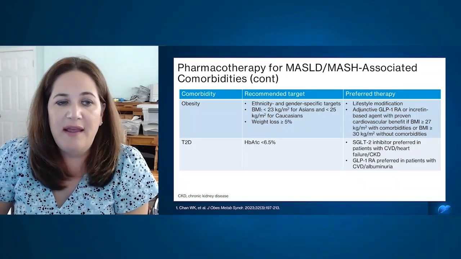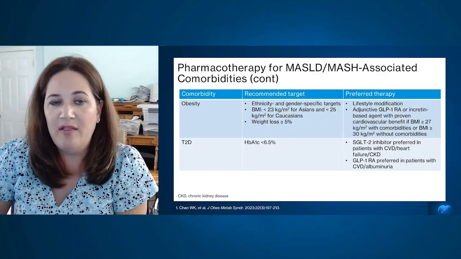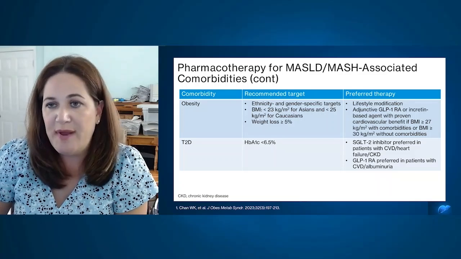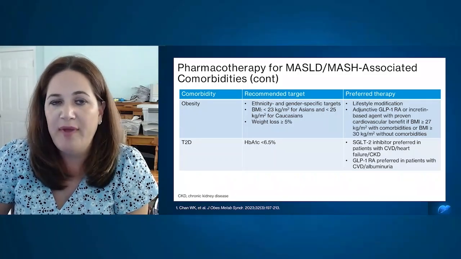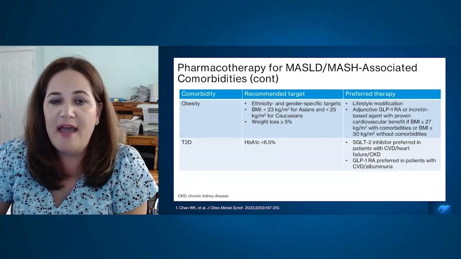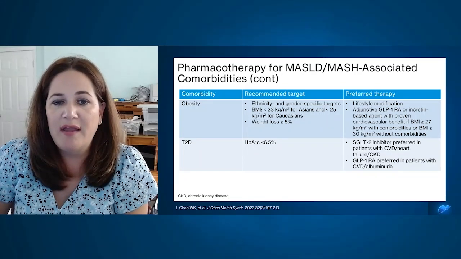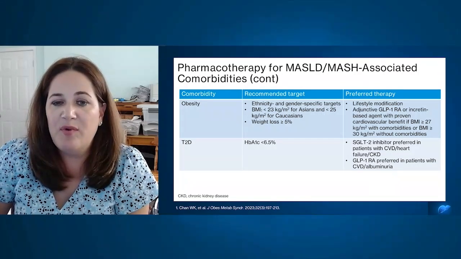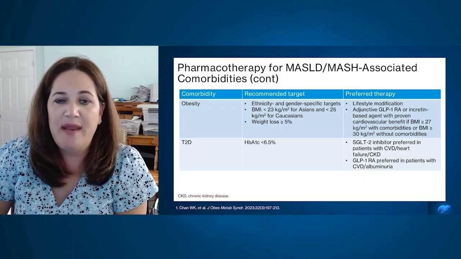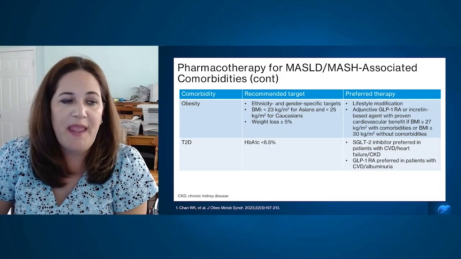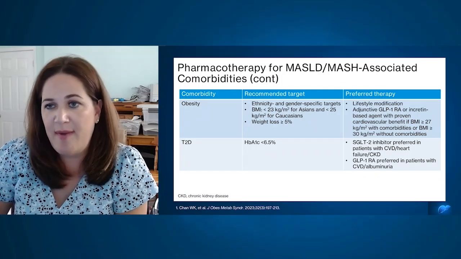So again, even that 5% of weight loss will be a huge benefit to these patients in helping the liver disease. Again, looking at lifestyle modifications, and adjunctive GLP-1s for those who would receive benefit, those who have diabetes. And then the last one are diabetic patients.